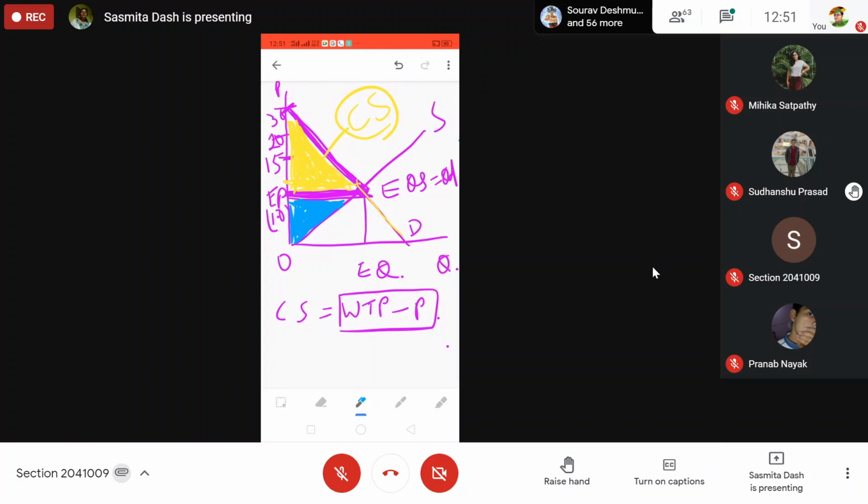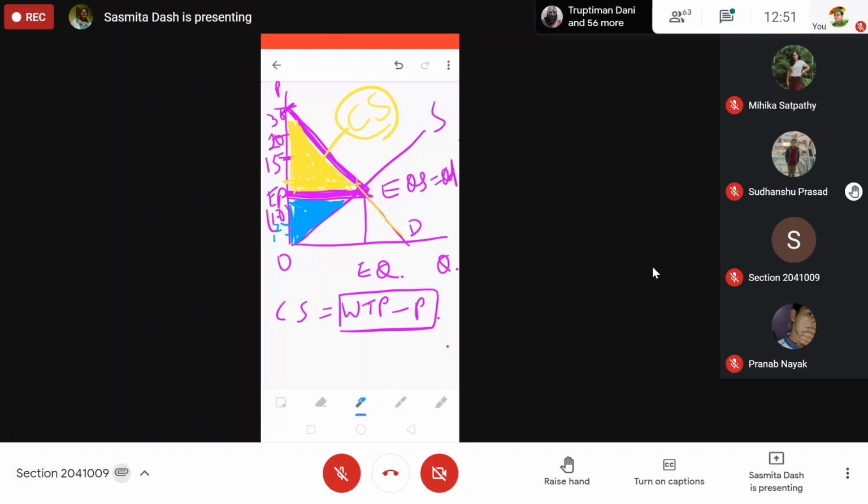If somebody's production cost is 1 rupee, then 10 minus 1, 9 rupees is his surplus. If a person's cost of production is 2 rupees, he will sell the product and get a per unit producer surplus of 10 minus 2, that is 8 rupees.